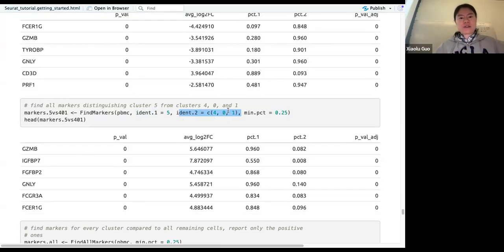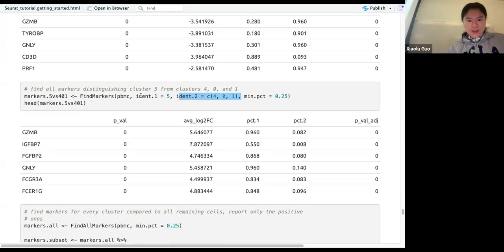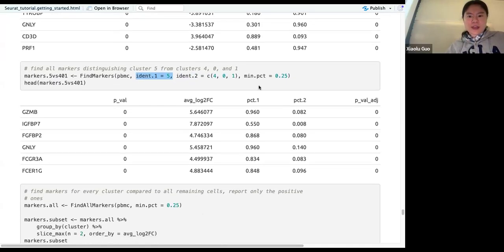Here we only specify 3 other clusters, and then we compare what's differentially expressed between these two groups. We also require that the gene is expressed in at least 25% of cells in either group. Then it lists the genes here, and this is still the p-value.